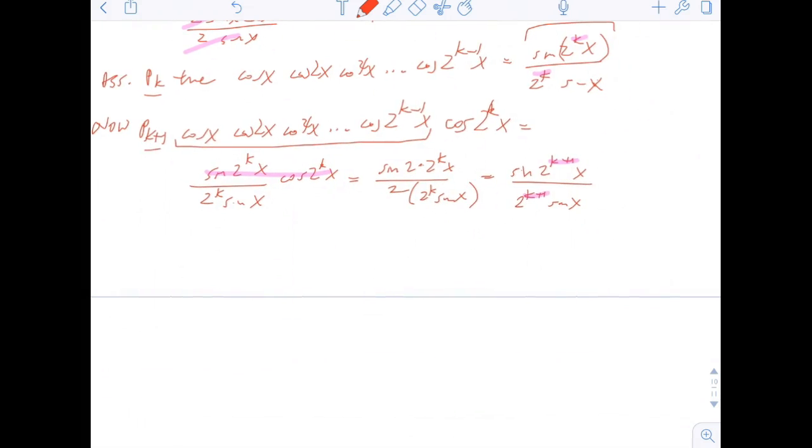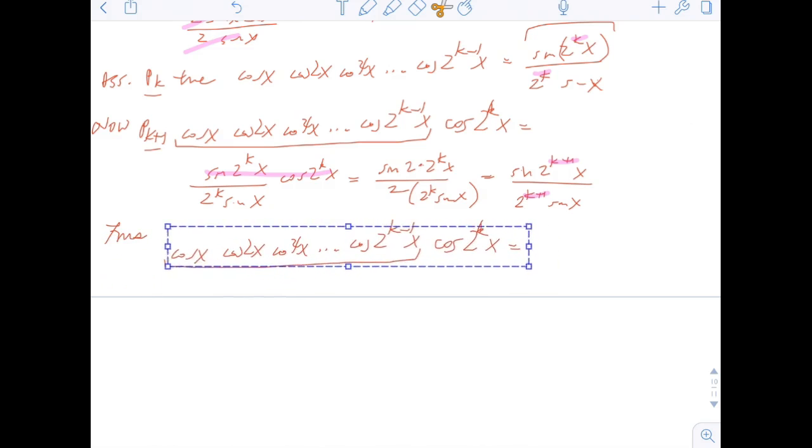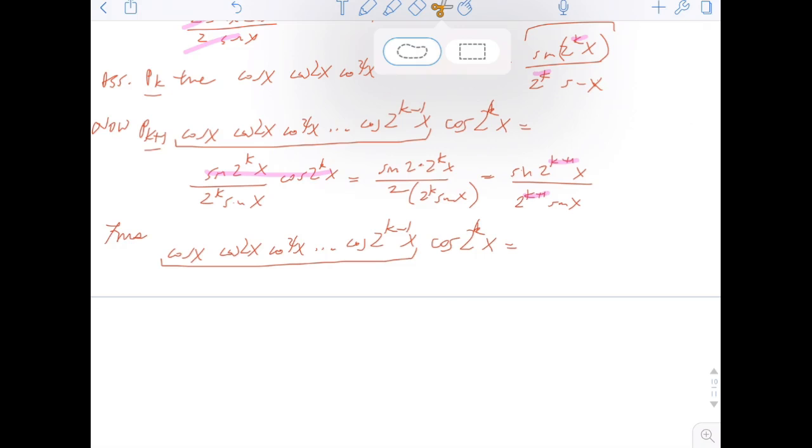So now we're going to say thus, this statement, the Pk+1 statement, which is this, and the right side, which is this. So thus, if Pk is true.